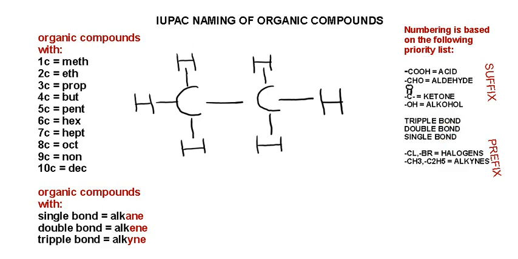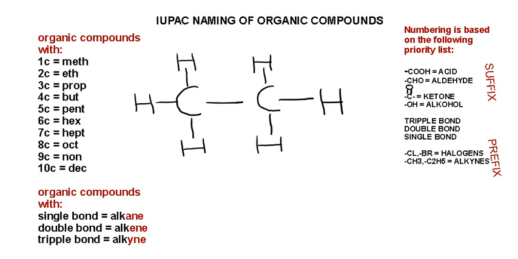Also, we have the group called the halogens: chlorine, bromine, fluorine, as the case may be. We also have the alkyl groups, the methyl and the ethyl. All these are the prefix.